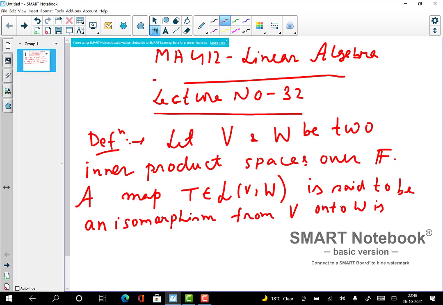Obviously T has to be bijective, which is required for vector space isomorphism, and the most important property is that T should preserve the inner product.